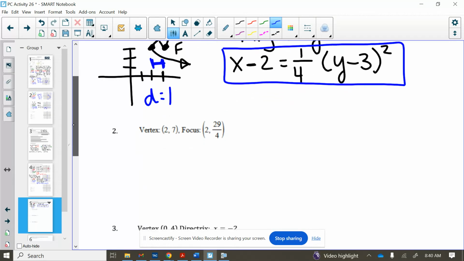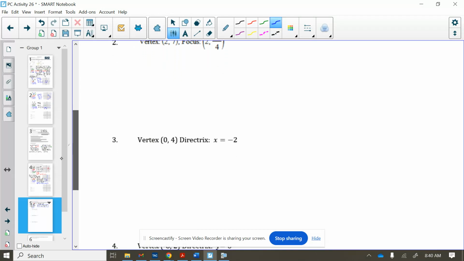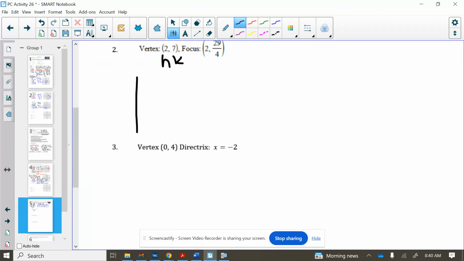In our next example, then, we are given another vertex and focus problem. In this case, again, we are given the vertex, the h comma k, that's going to be at 2, 7.